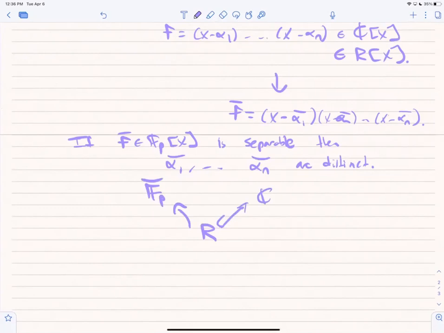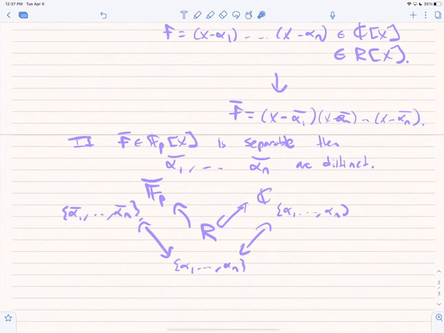And this sets up a bijection. We have this set alpha 1 through alpha n in the complex numbers, and by definition those live in R. That's how we define R, as the smallest ring containing those. And then these are in bijection with alpha 1 bar through alpha n bar, just because these are all distinct things.